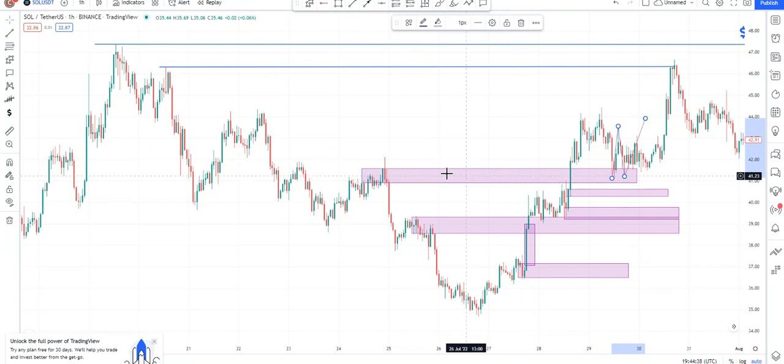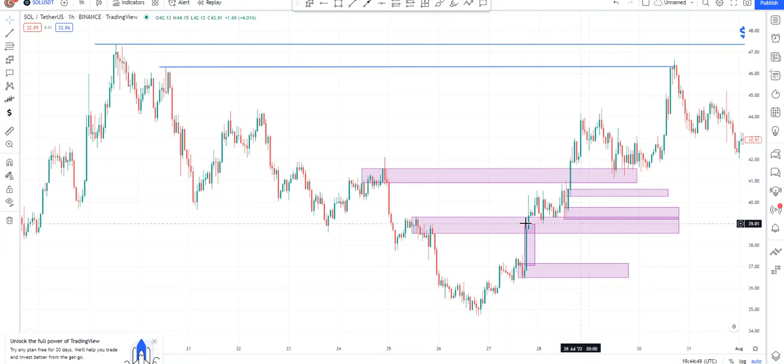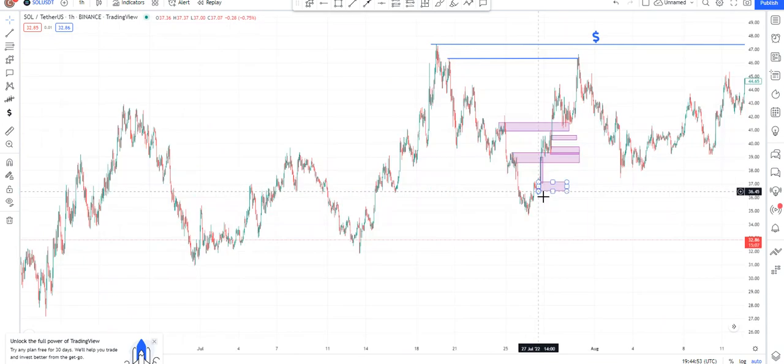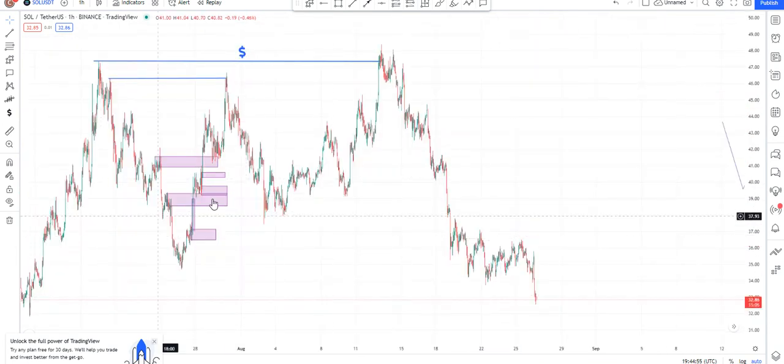But I don't usually use reclaim block because I don't have much experience with them, so I don't just buy it immediately. I wait for some form of reassurance that the reclaim block is going to work. That's how reclaim block works.